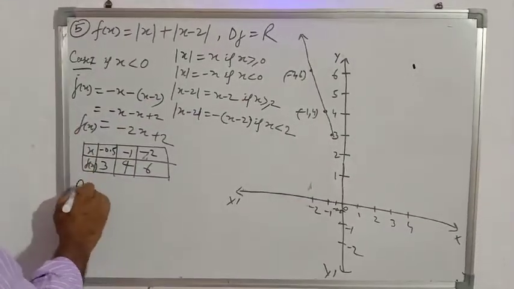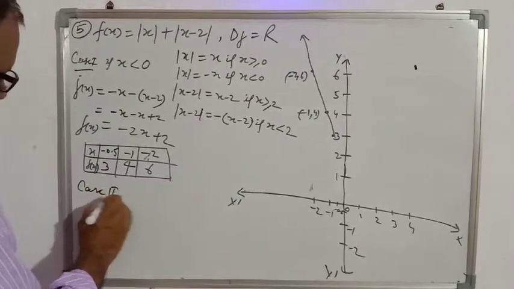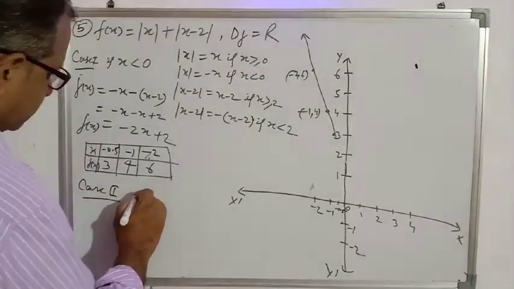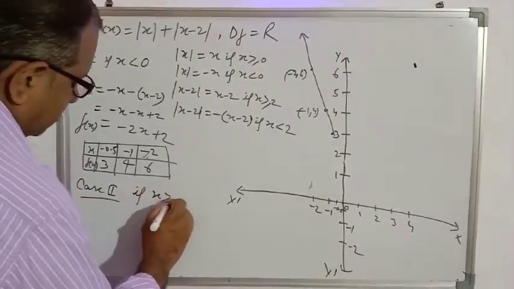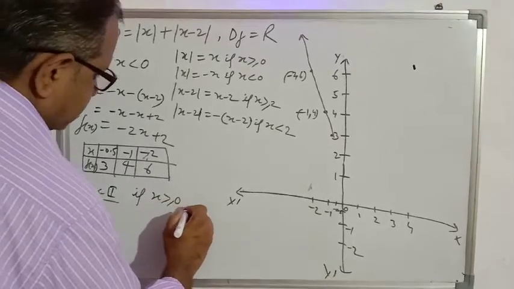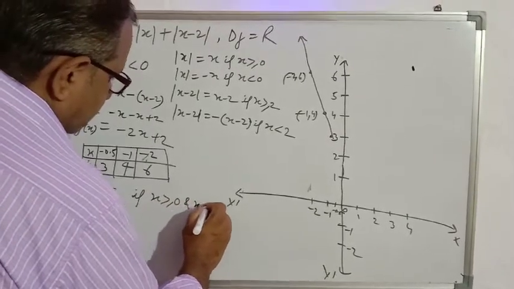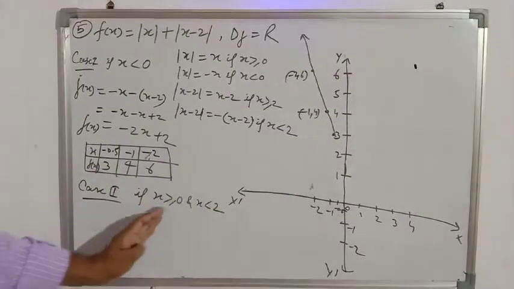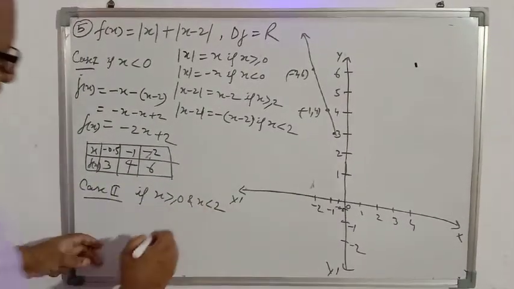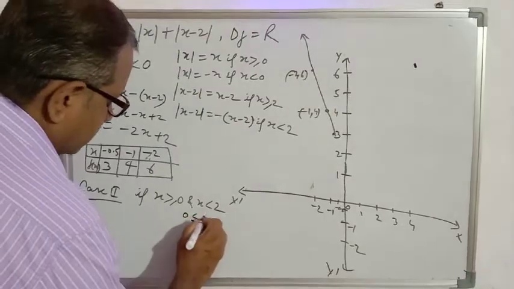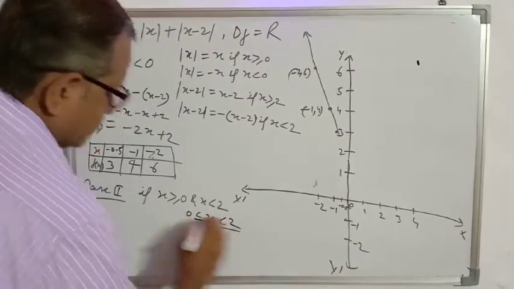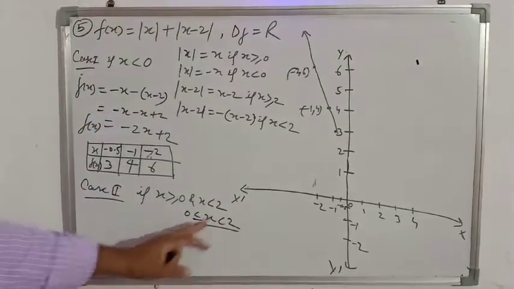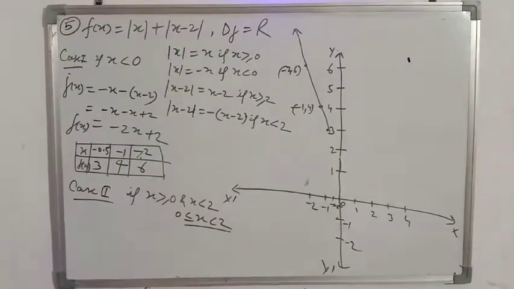So second case, if x is greater than or equal to 0 and x less than 2. That means 0 less than or equal to x less than 2, if x lies between 0 and 2 including 0.